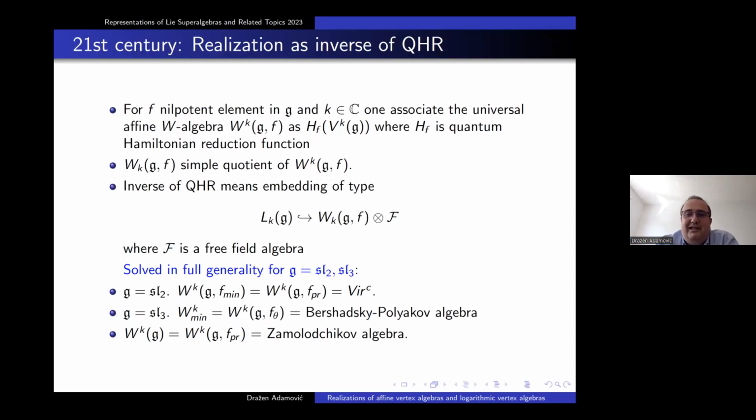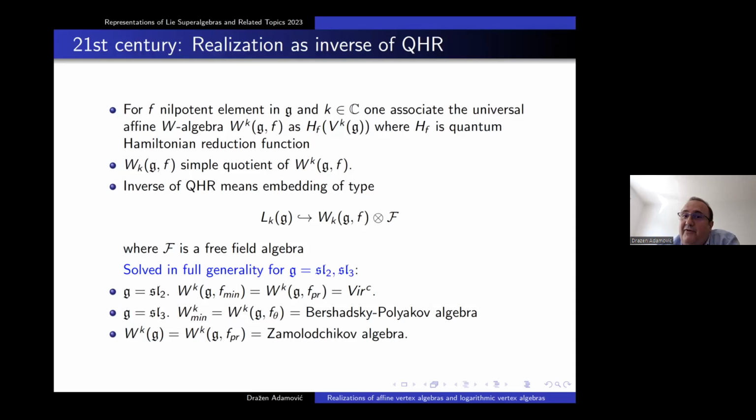The good news is that the inverse of quantum Hamiltonian reduction is much nicer than quantum Hamiltonian reduction itself. So we expect that for each simple affine vertex algebra, we can embed it into a tensor product of this W-algebra with some free field algebra. So this is inverse quantum Hamiltonian reduction.